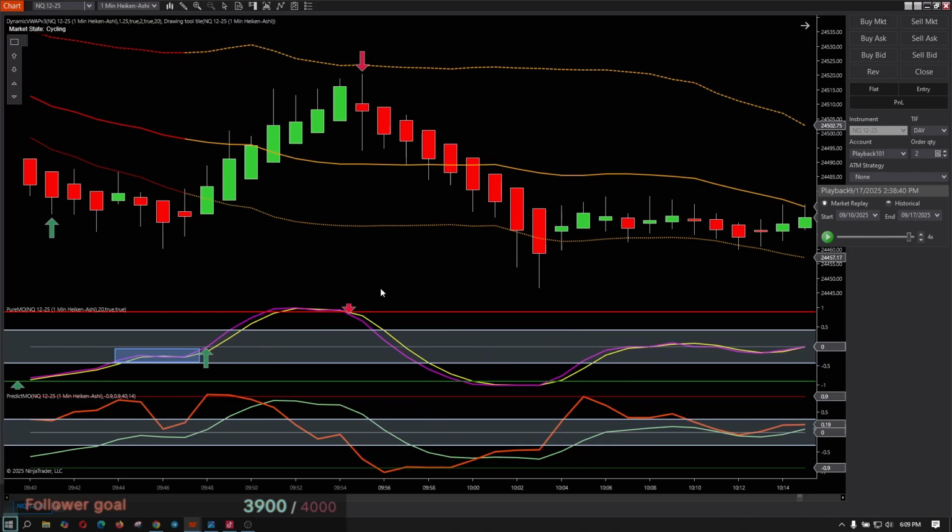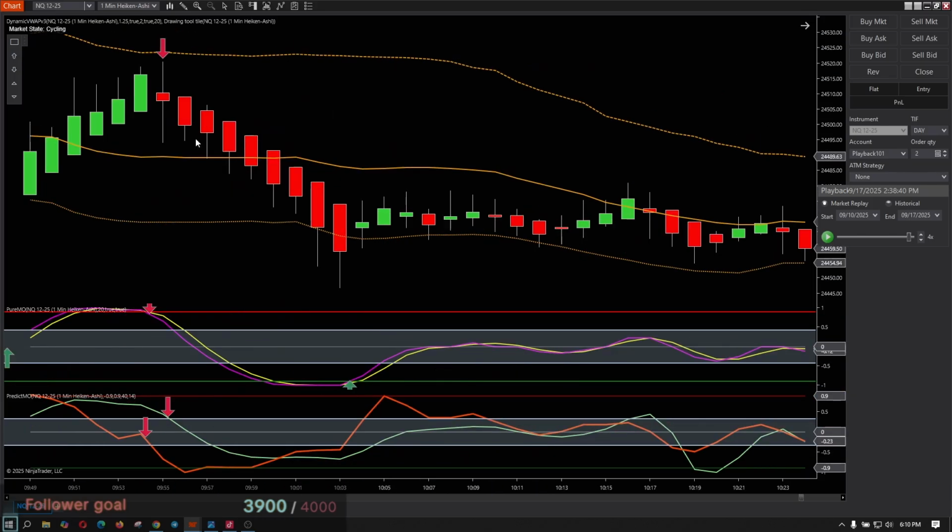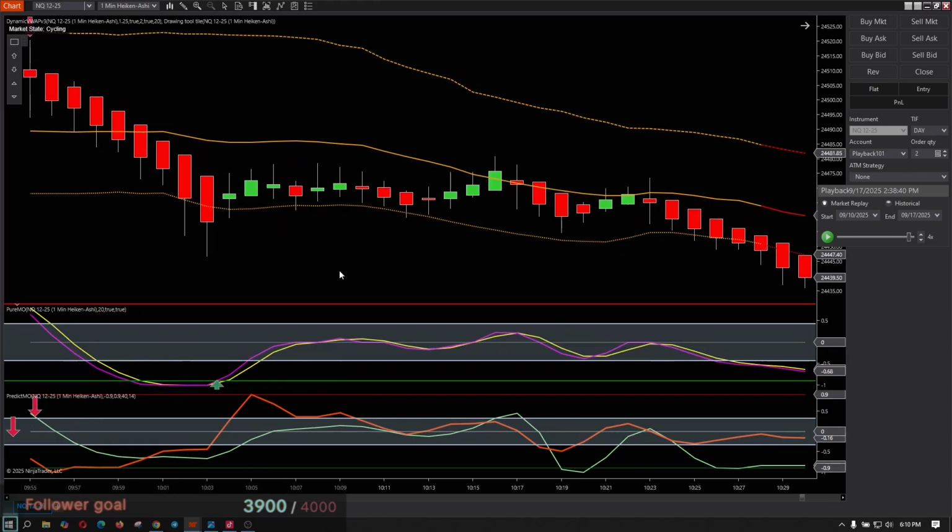Now remember, if you're already in exhaustion mode right here, and you've got a nice little inflection point hit going to the downside, this is a good entry point to ride this bad boy all the way down and get out when you get the tilt right there. You see? And that would have caught that portion of the trade.